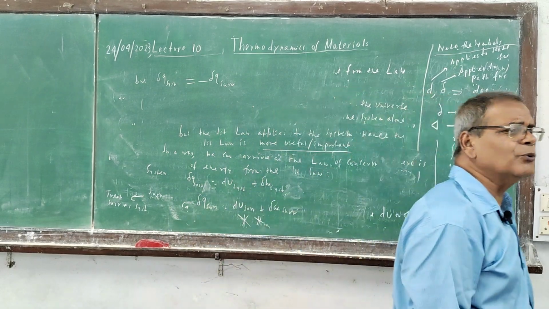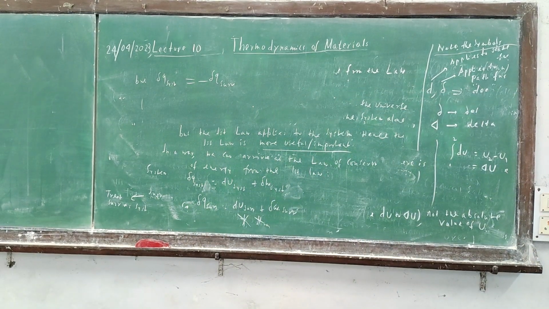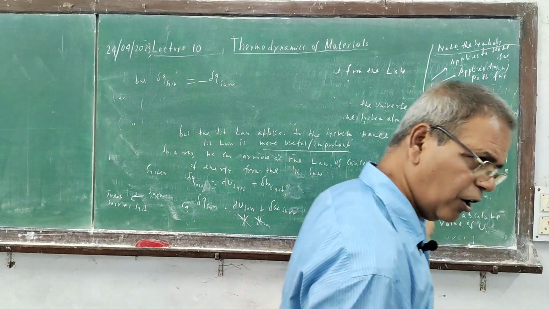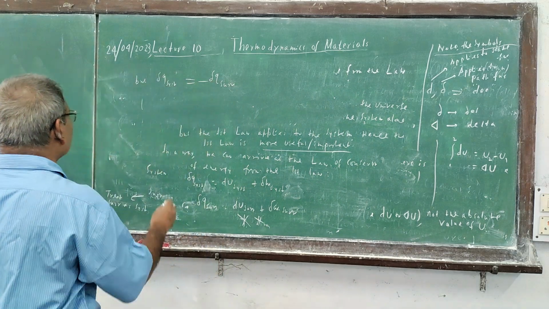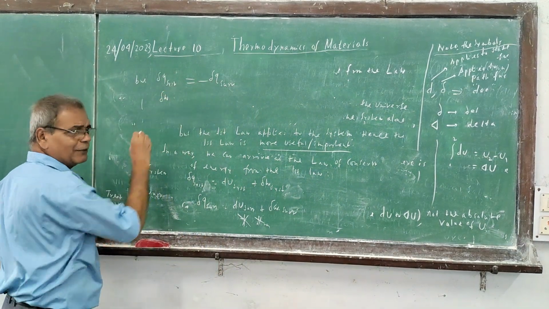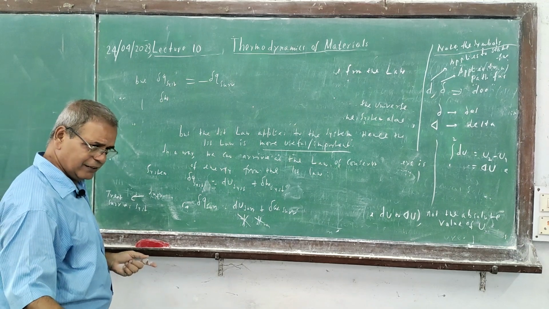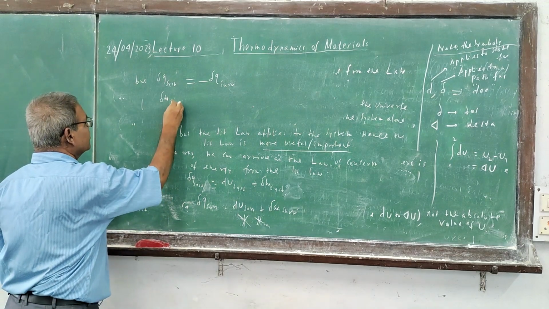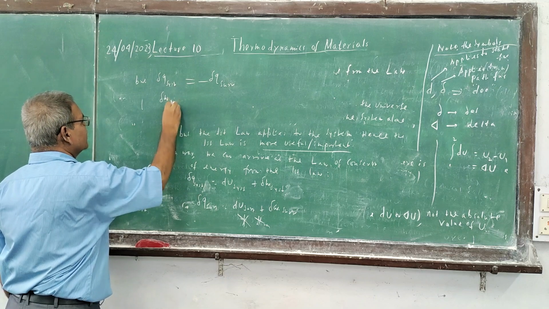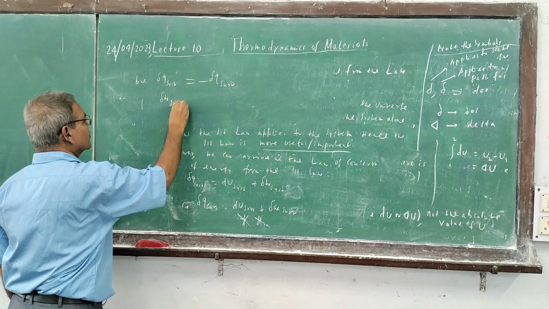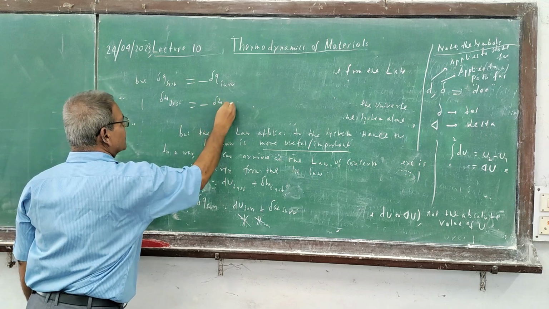If the system rejects heat, the surroundings get it, so it is positive. Heat rejected is negative and heat absorbed is positive, so it is always the opposite sign. And dw system, the work done by the system on the surroundings, is minus dw surrounding.